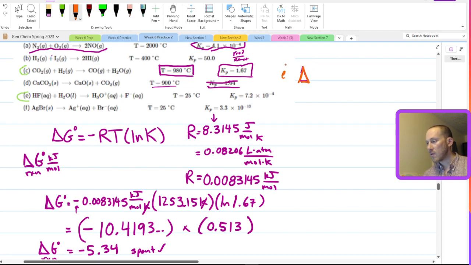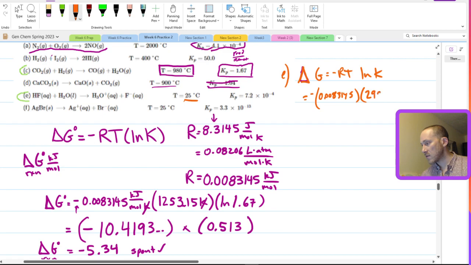So for E, we have that the delta G is going to equal negative RT ln K, and that's going to equal negative 0.008345 times, in this case, our temperature is 25 degrees Celsius, so that's 298.